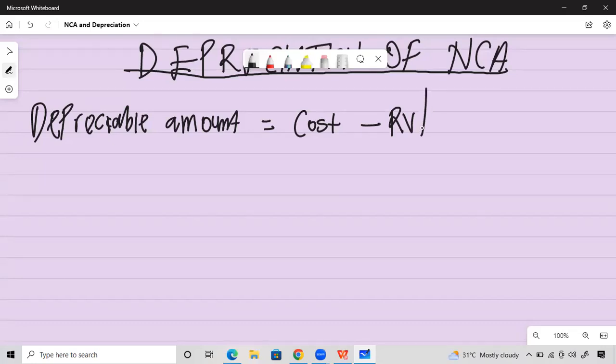If you do not call it residual value, you can also call it salvage value.